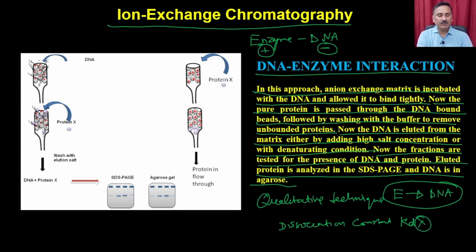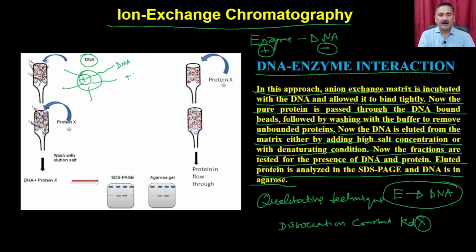So what you are going to do is take the anion exchange matrix into a column, and then pass the DNA through. When you pass the DNA through, the bead is going to have the DNA molecule bound, right? Because the bead is positively charged, it is going to bind the DNA molecule. So these are the DNA molecules, right?